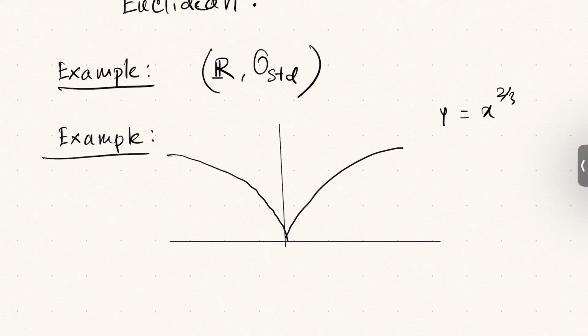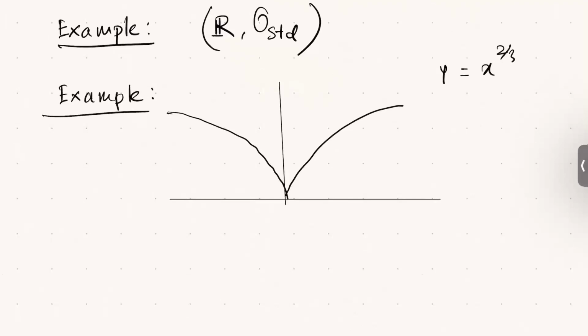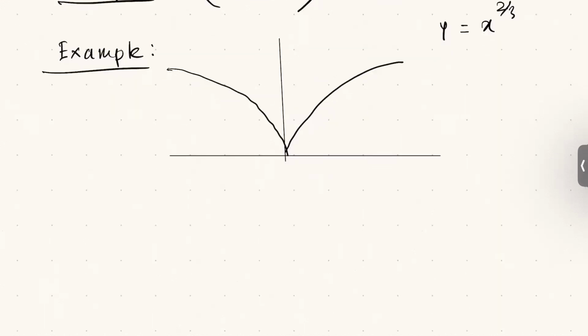I can induce the subspace topology of R onto this. Now, is it a topological manifold? It is, right?